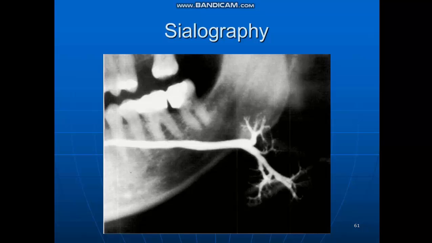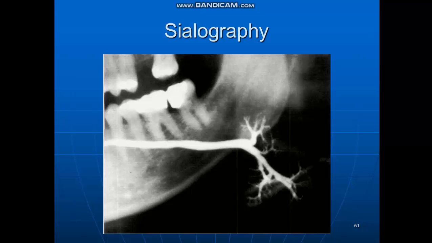In the filling phase, obtain the scout films. The relevant duct orifice needs to be found, probed and dilated, and then cannulated. The contrast medium can then be introduced. Two main techniques are available for introducing the contrast medium.